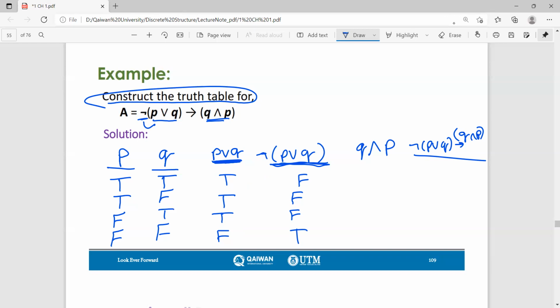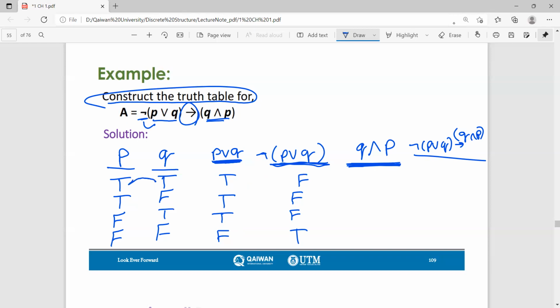And for the right-hand side, here we have Q and P. We are going to combine these two, Q and P, by AND, by the conjunction operator.